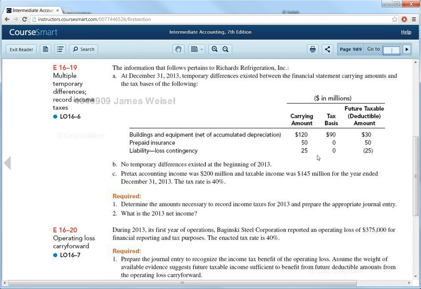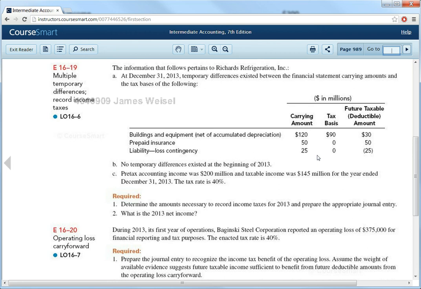Now, in 2015 or 16, if the loss is actually incurred, that's when we'll get the tax deduction for that loss. But we're not able to take it in 2013. So that means that for GAAP purposes, we subtracted $25 million in arriving at our GAAP income. However, we cannot deduct that $25 million for tax purposes.